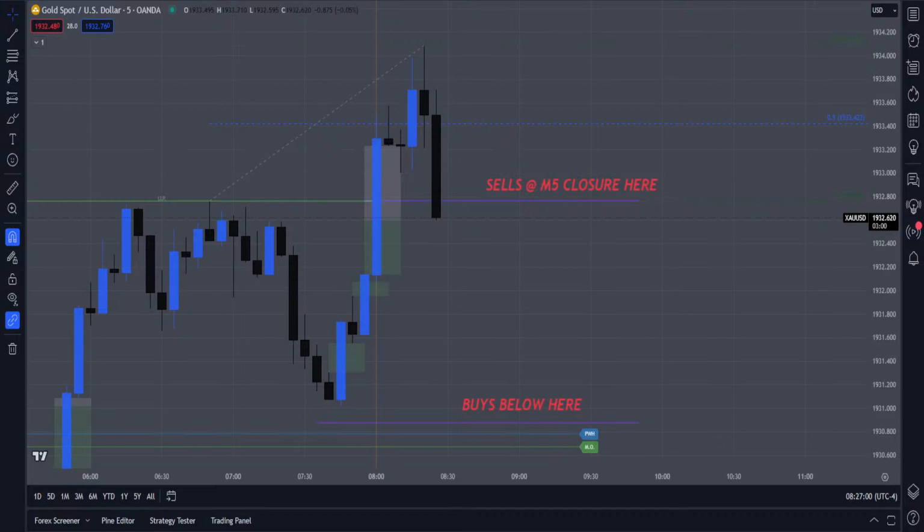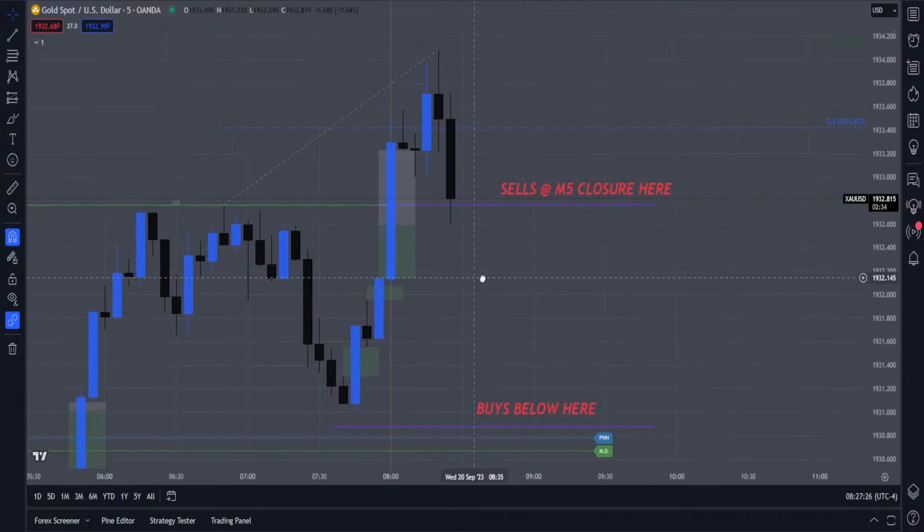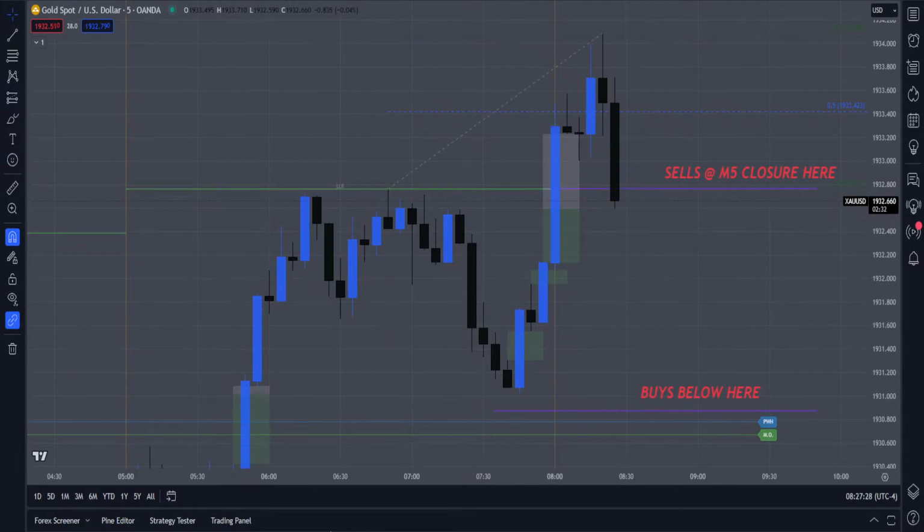Profit will be, we'll say right here somewhere. We need this 5-minute candle or the next 5-minute candle to close below that level. If it doesn't, then there's no trade, okay? Sorry if you hear my dog.